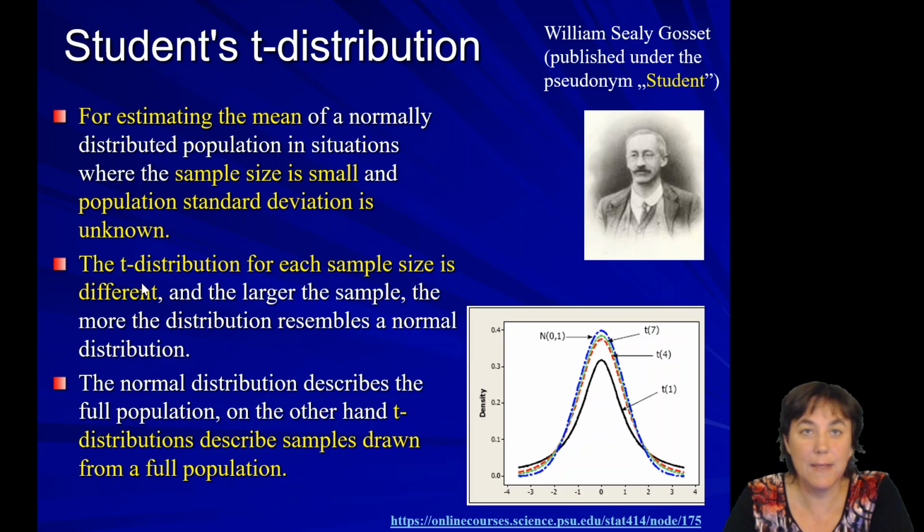Obviously, if the sample size is lower, then the margin of error is higher, so we have to correct our estimation to deal with this fact. Thus, the normal distribution describes the full population, but the t-distribution describes samples drawn from a full population, the sample.